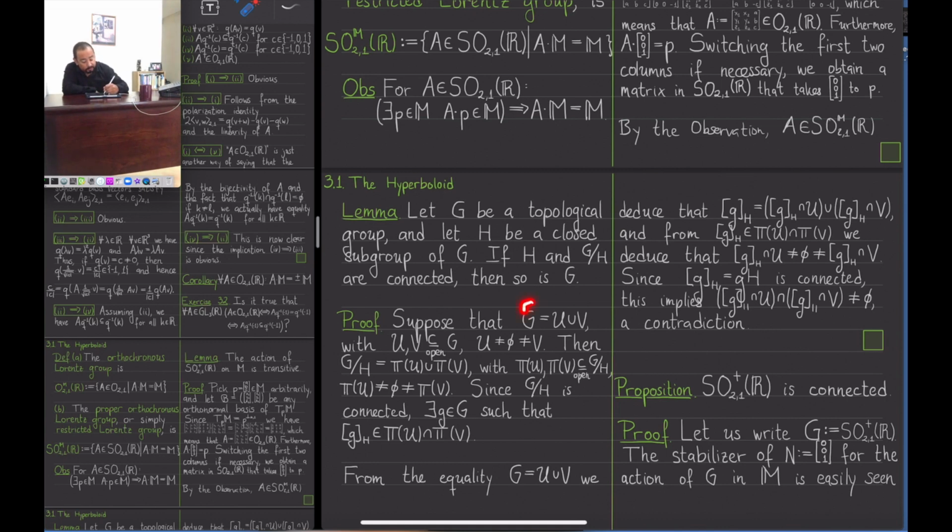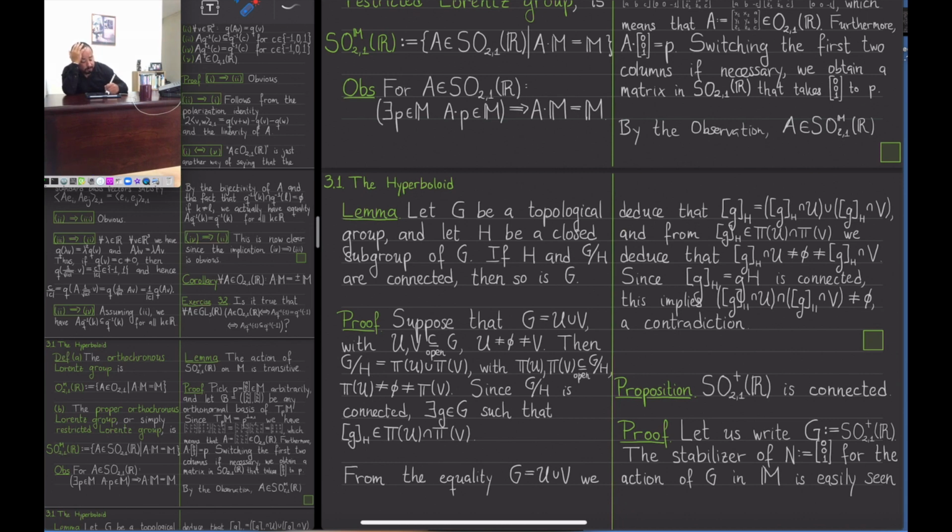So from these conditions, I want to deduce that U and V must be not disjoint, right? So that U intersect V is not empty.